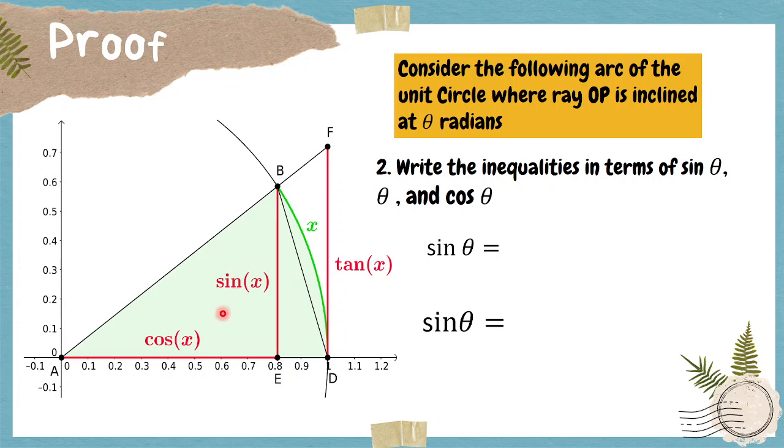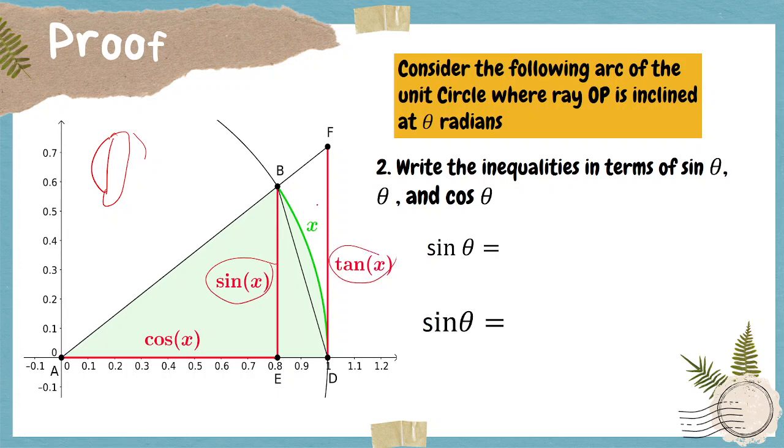Remember the squeeze theorem, there is a sandwich. So there are buns, there is a patty. What do you think is the patty on this one? Sin x and x.